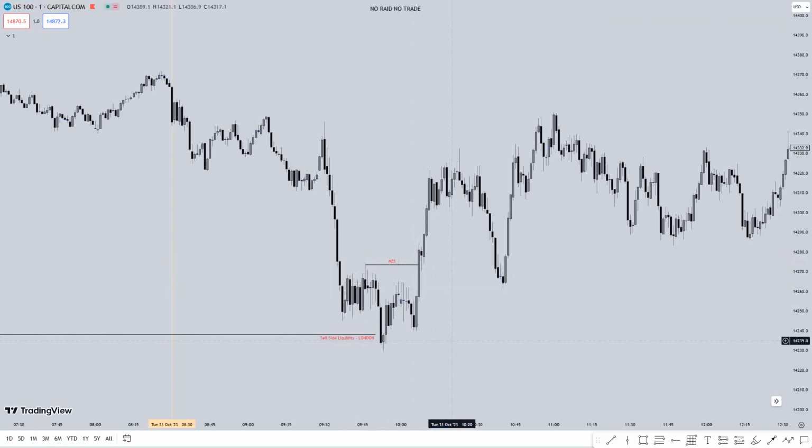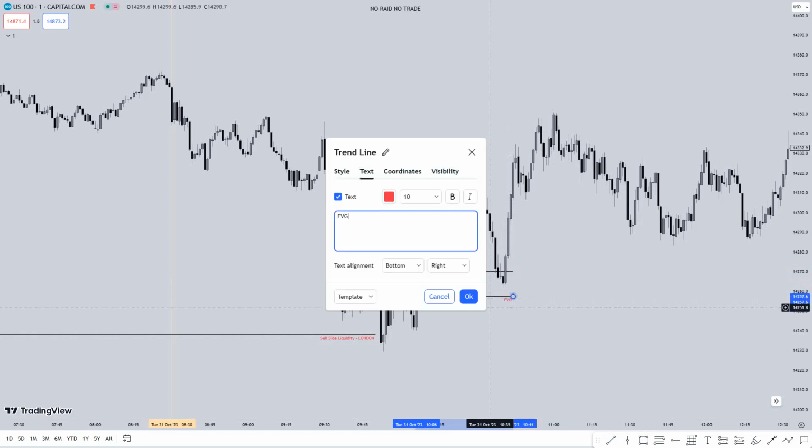So once we have that expansion move higher, you want to mark out your fair value gap. We can see that we do have a fair value gap right here. Wait, let me use another color. Right there, and right there. So let me just mark this out, fair value gap.